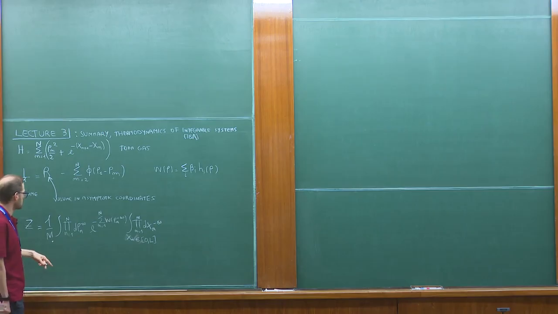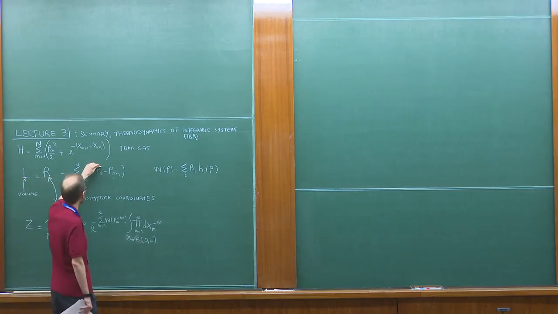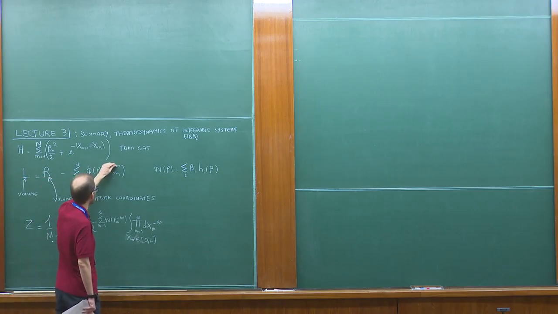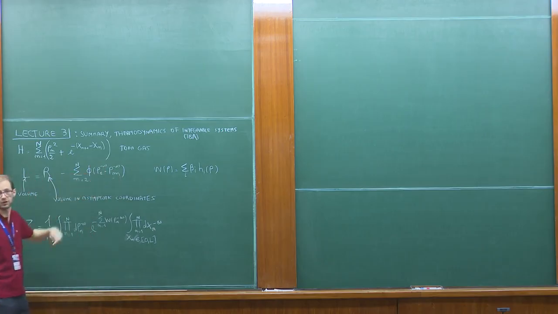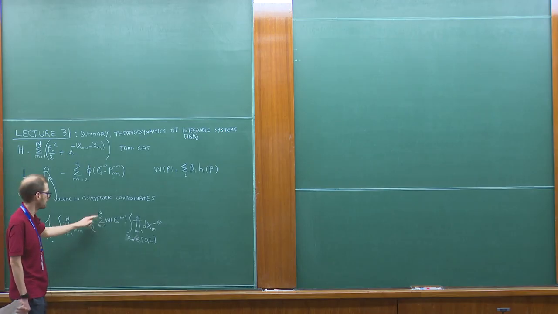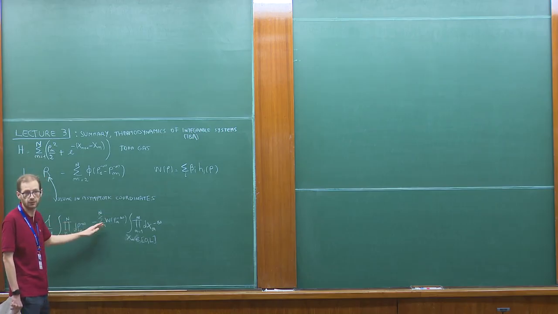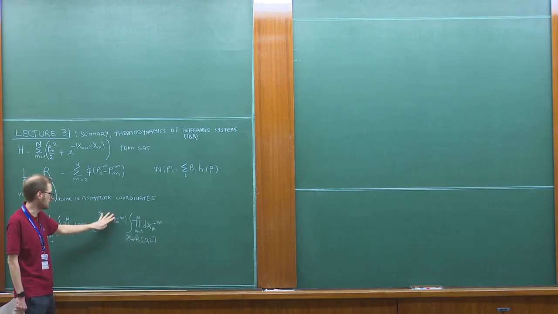In particular, we express the partition function in terms of the scattering states in the asymptotic past, so minus infinity. This was good because in terms of these states, the Boltzmann weight, the exponential of minus the sum of the multipliers times the charges, is pretty simple. It takes the form that it takes for free particles.